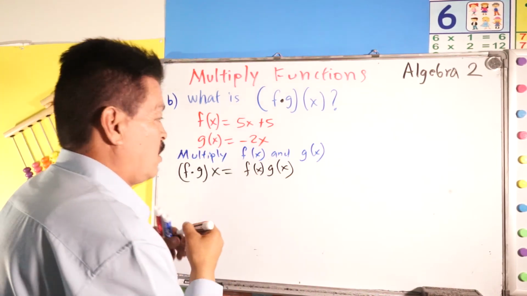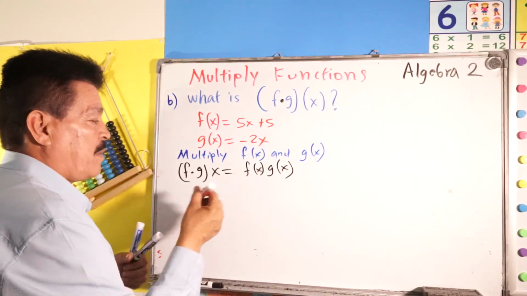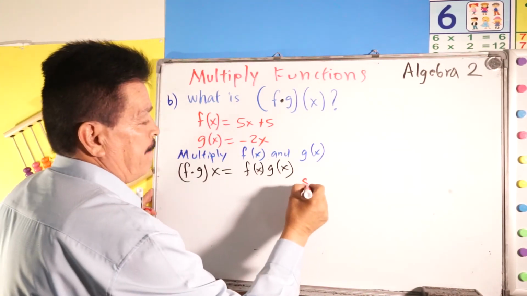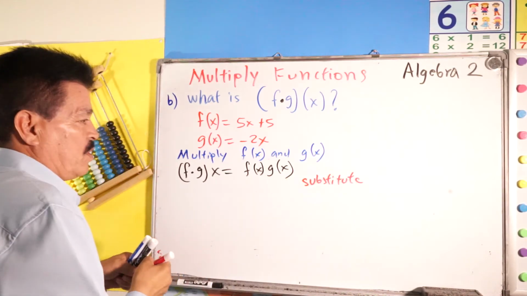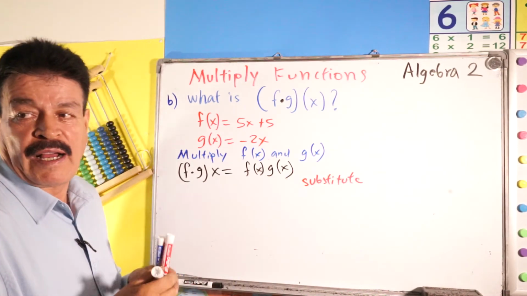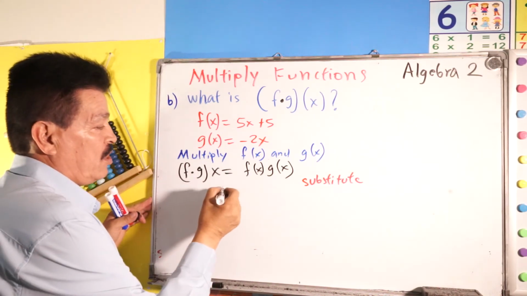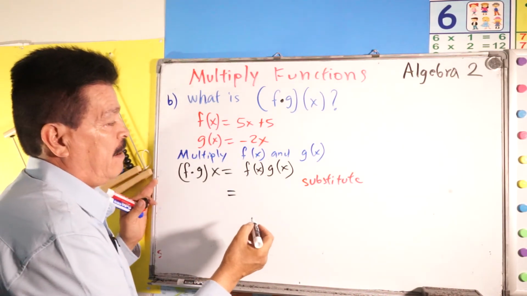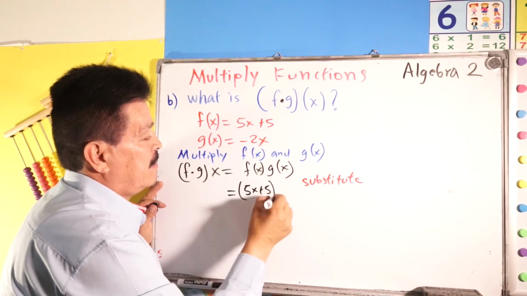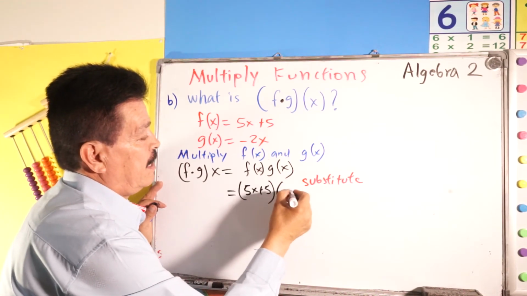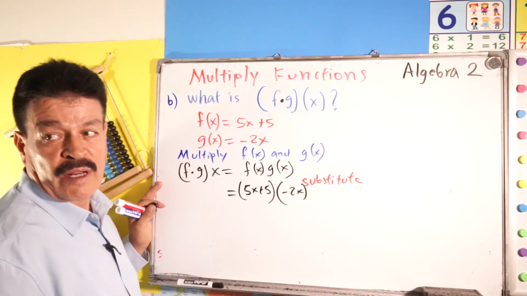So now substitute the variables here. We will have 5x plus 5, right, times negative 2x, right?